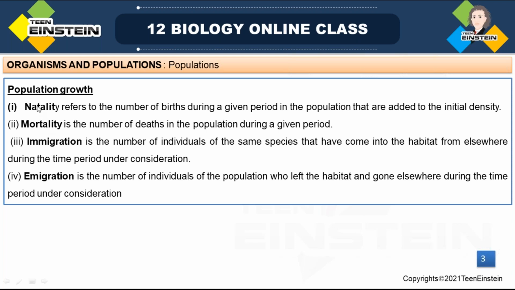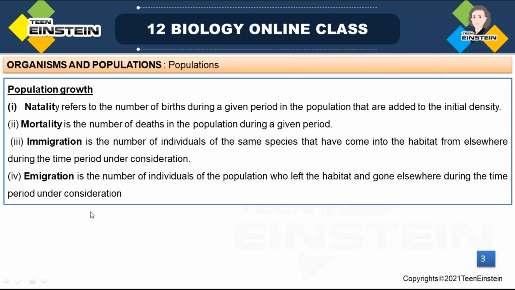So here, natality, mortality, immigration and emigration. Based on these four basic processes, the density of a population in a given habitat during a given time period may fluctuate.